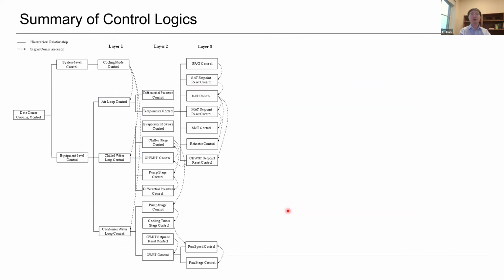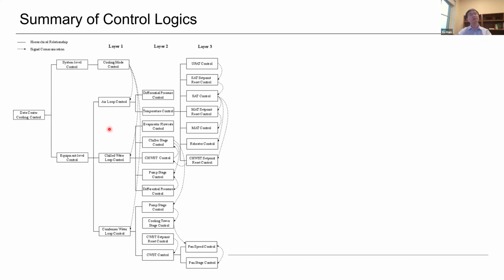And this is a summary of all the control logics. Because a real-world data center is fairly complicated. For example, this system level control determines the cooling mode, like mechanical cooling mode, like free cooling mode. And this is equipment level, like air loop, chilled water loop, and condenser water loop.